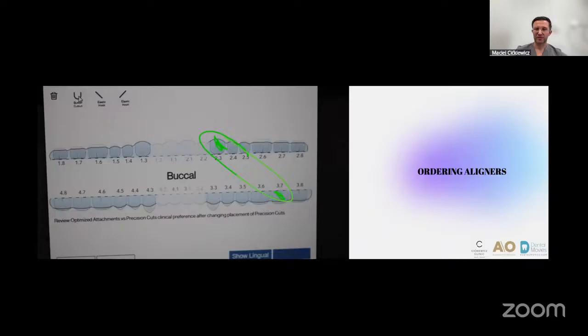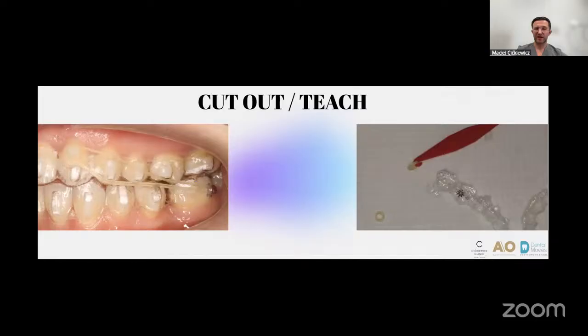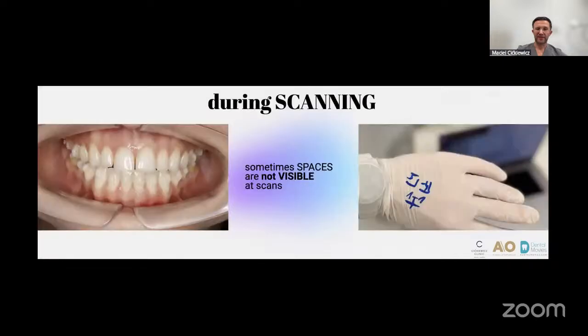So of course it's working very well. And also you have the precision cuts for the buttons when you're ordering the aligners, and how to cut out and teach the patients with that. Ordering aligners is another great option if you want to save your time. So sometimes it's difficult to see the spaces between the teeth.